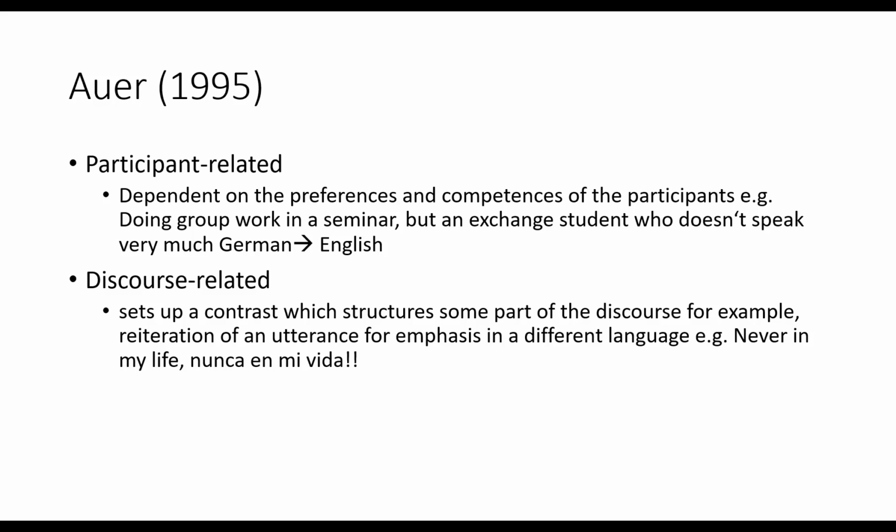But let's say there's an exchange student who doesn't speak very much German, then the entire group has to change to English. Okay, so it's because of one participant that this change is made. Because one person can't speak German well enough. So that would be participant related.